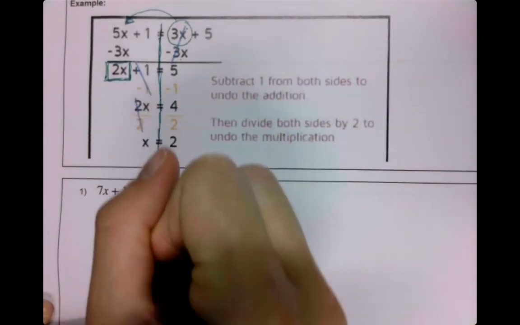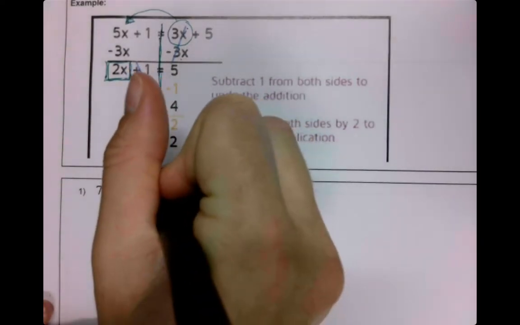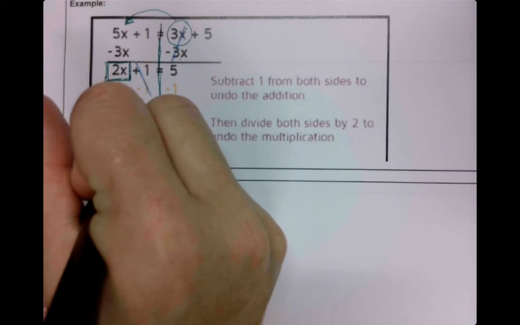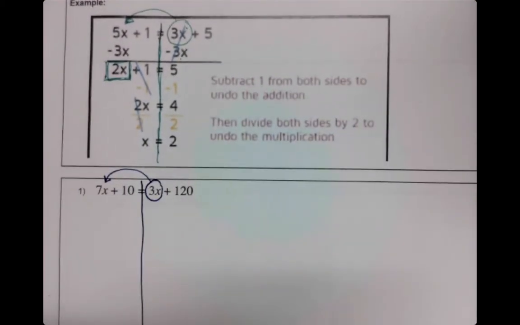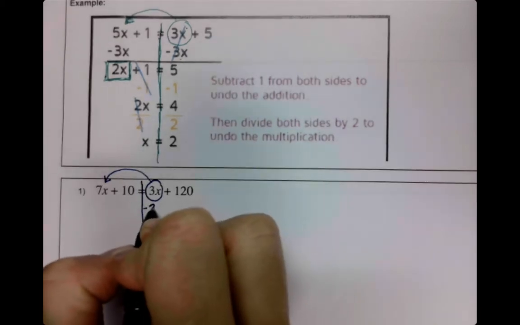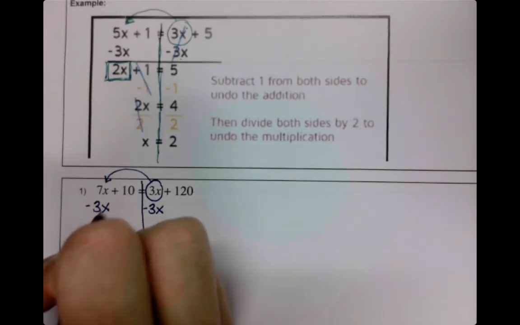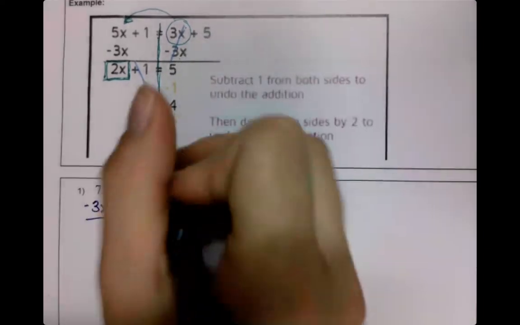So again, I want to move this 3x to be with the 7x. I want to get all the letters on one side of that line. Because I'm legit moving that 3x, I would subtract 3x here and subtract 3x here.